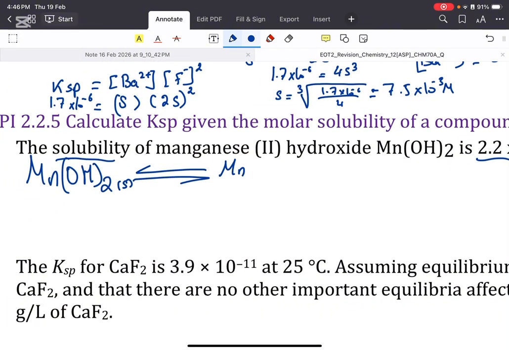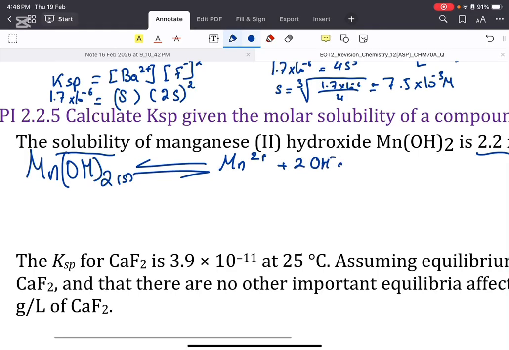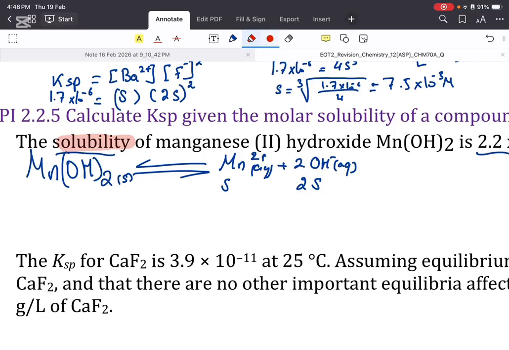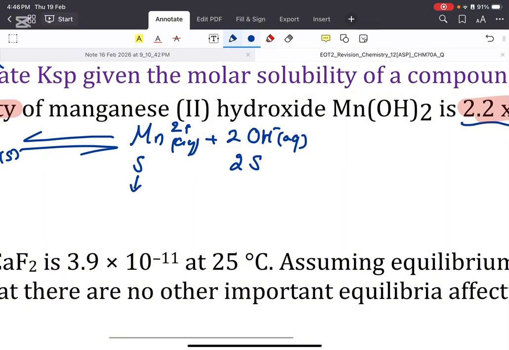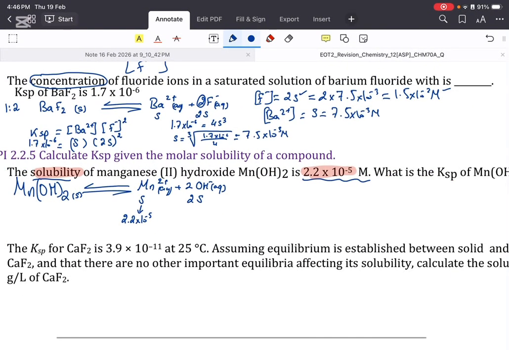Again, this is a ratio of 1 to 2, so it is S, and here it is 2S. But in the question, they gave me S. The solubility is 2.2 times 10 to the power negative 5.